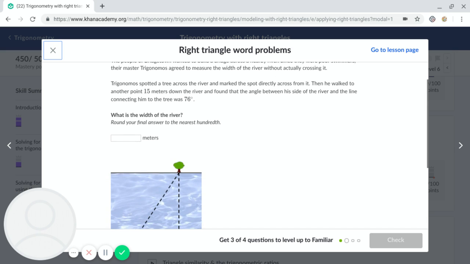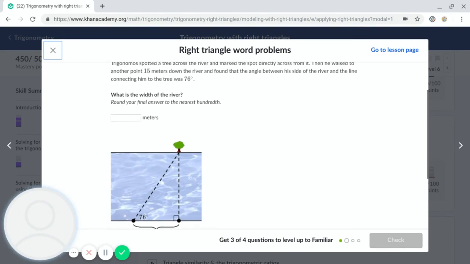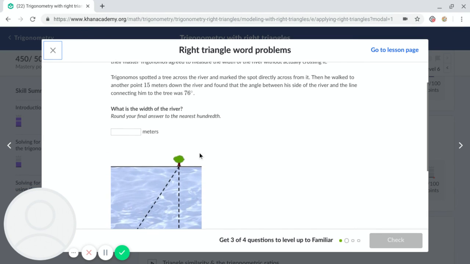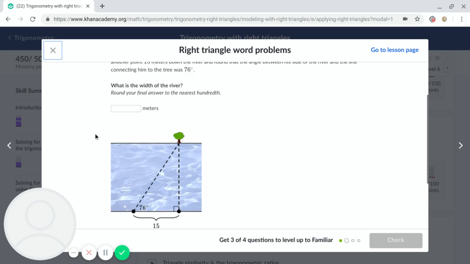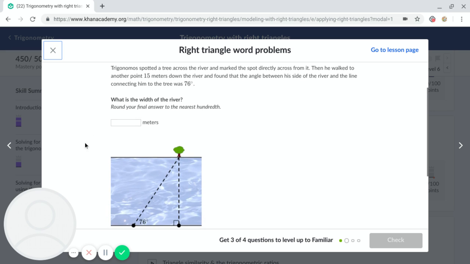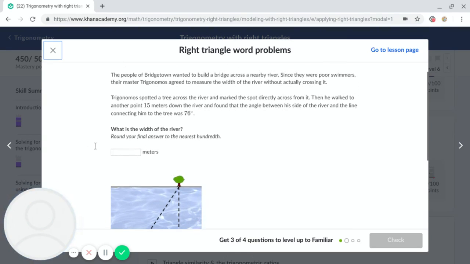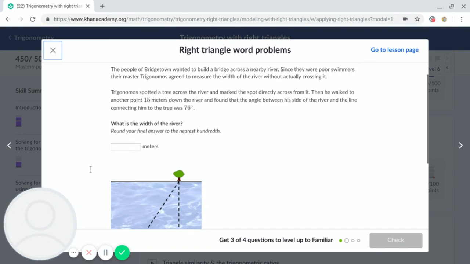What is the width of the river? How wide it is. That would be this side here. That would make more sense, because he's standing right here.